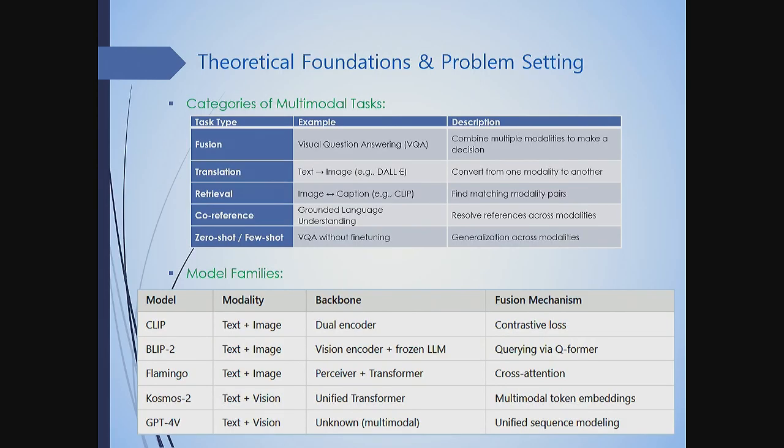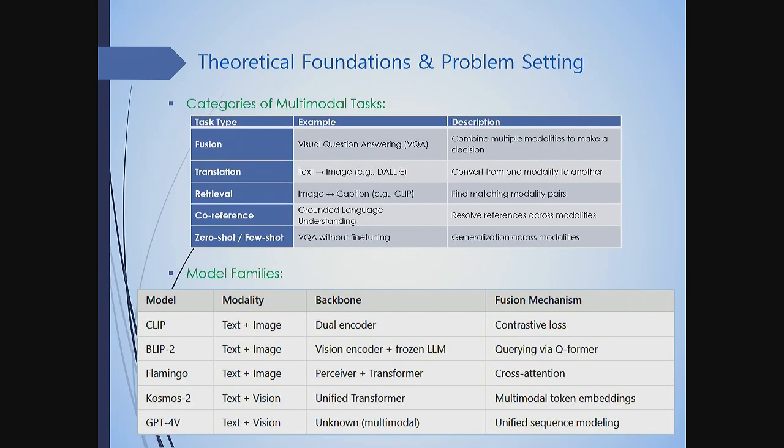And then another way to classify, you have some examples here of model families. For example, you have CLIP here, and then you have GPT-4. But you can look carefully at the kind of backbone architecture that they are using. Here you have a dual encoder, and then the kind of modality: here it is text plus image, and for GPT-4 it is text plus vision.